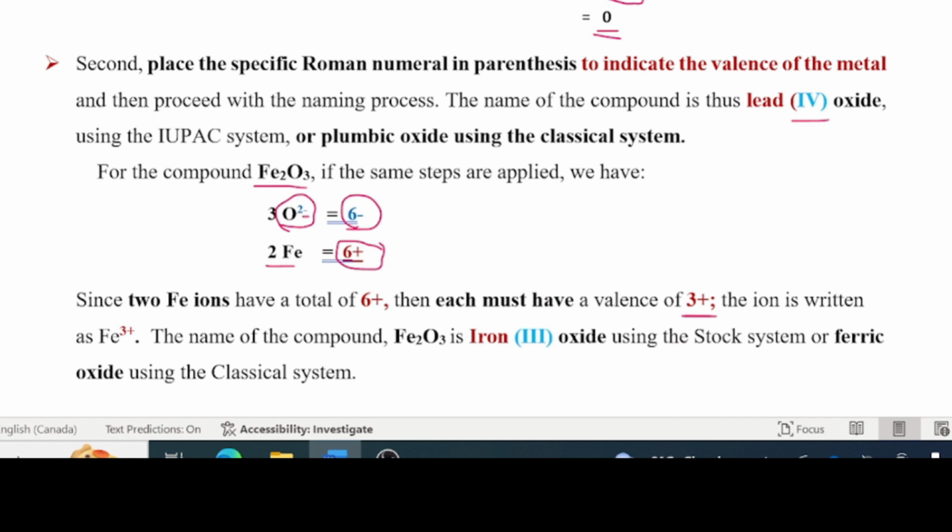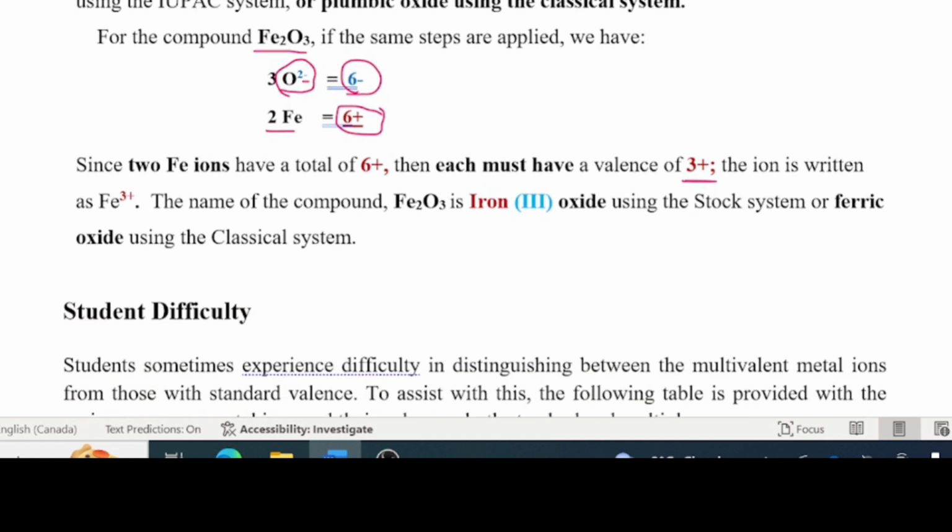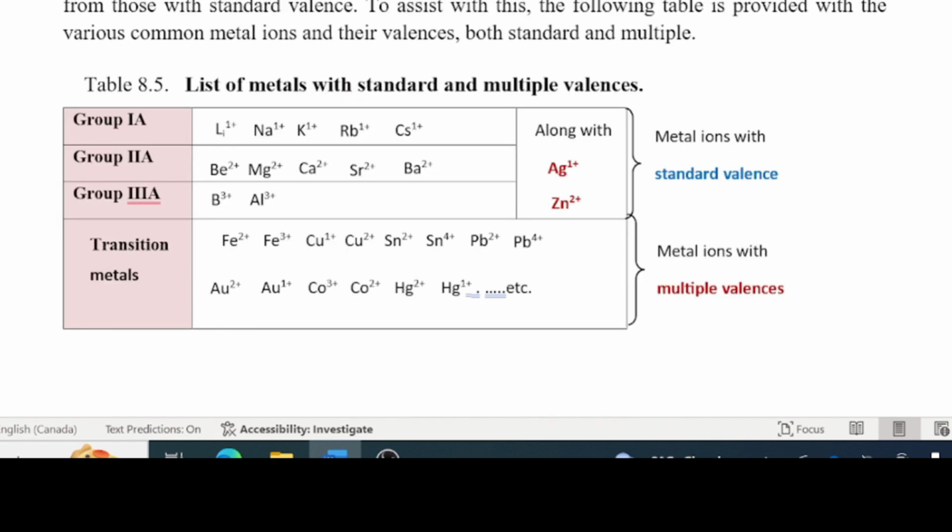So then how do you name that? You say it is iron 3 oxide using the stock system, or because this is having the higher valence, you say it's ferric oxide using the classical system. Nothing is wrong with that. What I give students here is this.